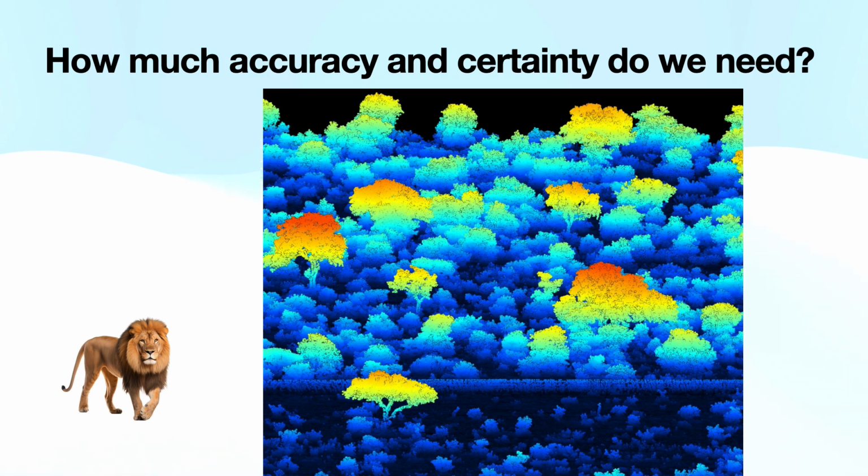And with the uncertainty associated with these predictions, sometimes in ecology there is a certain range of estimates that might be equally ecologically significant. For example, 20% canopy cover might have a similar effect on lions as 30% canopy cover, or they might not care about canopy cover at all. So it depends on the type of ecological question that I'm asking. Different types of accuracy and uncertainty are needed in the study.